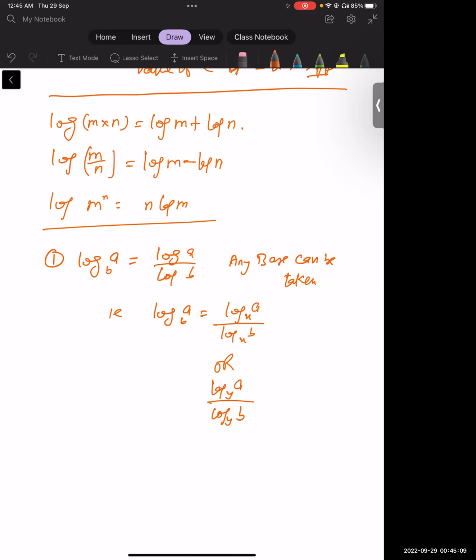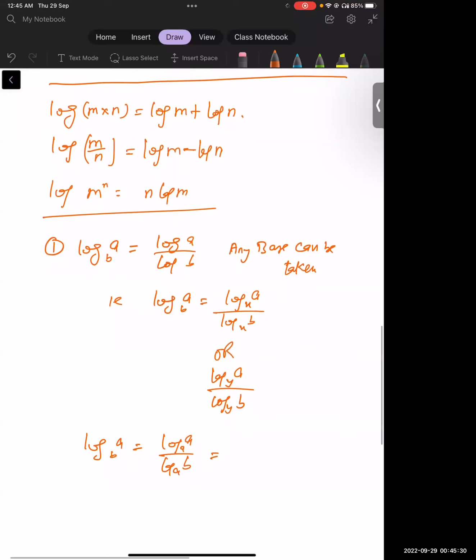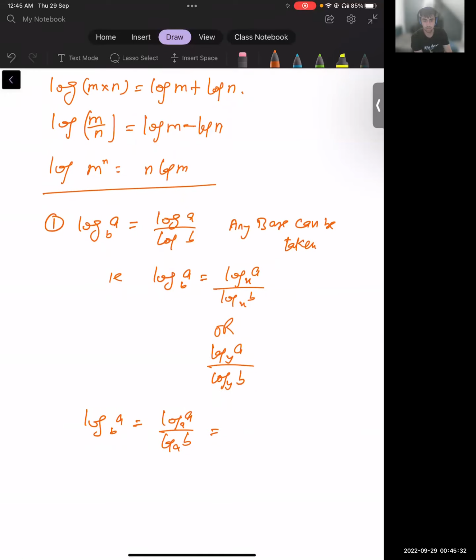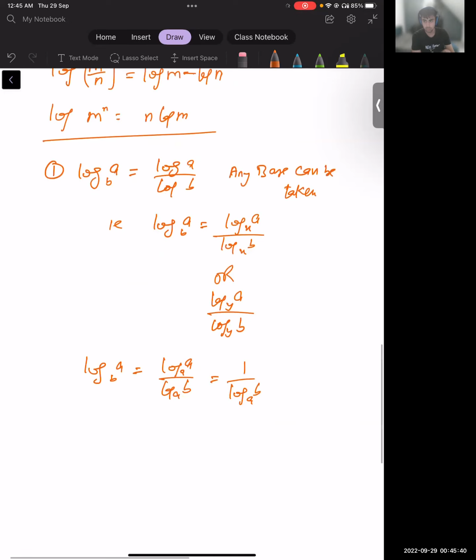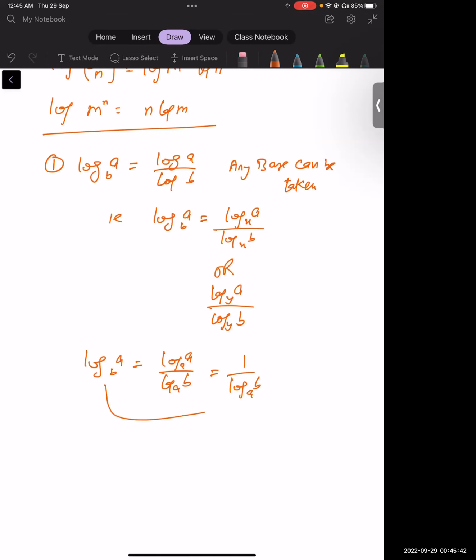I say yes. Can I take the base to be a? Yes. Then it will be log a upon log b base a. What about log a base a? It's 1. So it will be 1 upon log b base a.